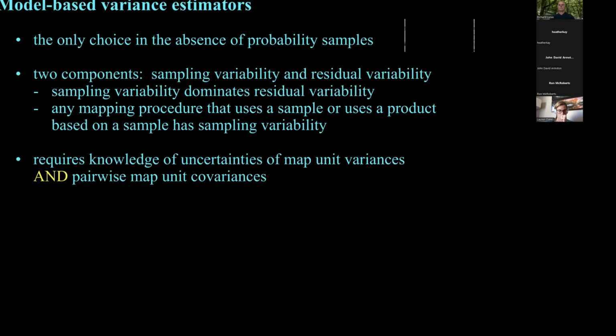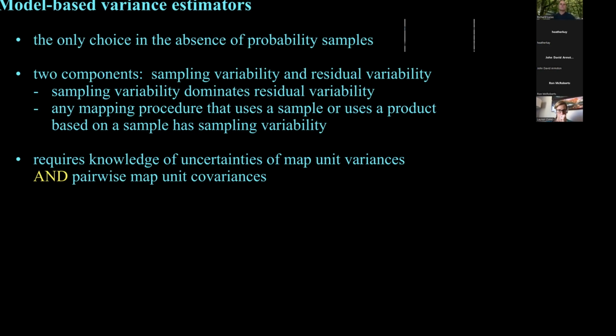Let's talk about model-based variance estimators a bit. Remember, we're in the mode where we're going to try to produce estimates directly from the map. This may be the only choice when we don't have probability samples. Model-based variance or uncertainty estimators have two components: sampling variability and residual variability. Let's be sure we understand the distinction. Sampling variability deals with samples, obviously.